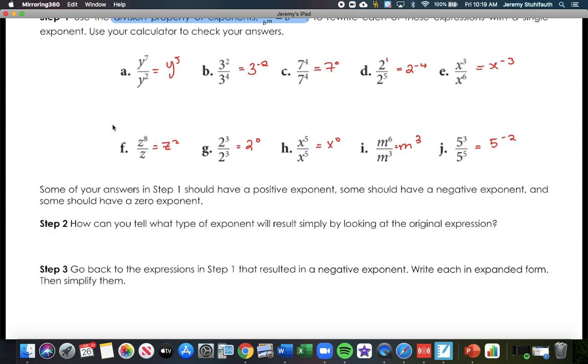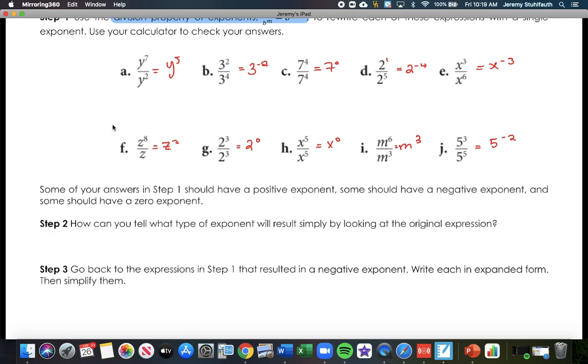The way you get a positive exponent is the exponent in the numerator is bigger than the exponent in the denominator.